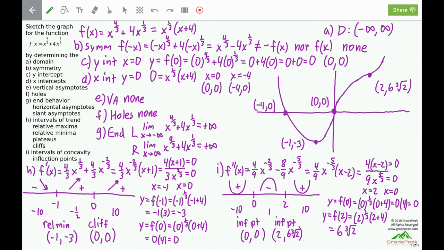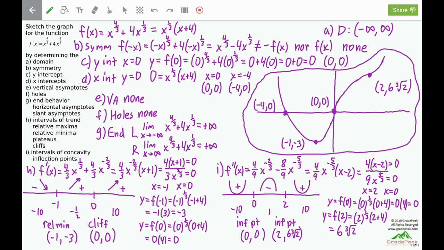It is covering the entire domain for the x values of negative infinity to positive infinity, so everything matches up here. And this will be the graph of f of x.